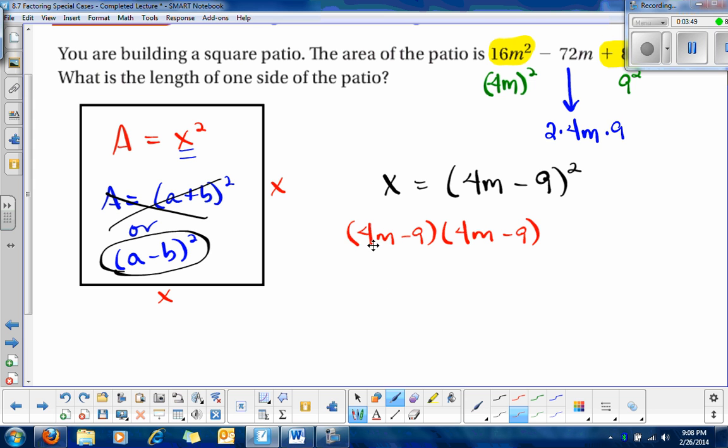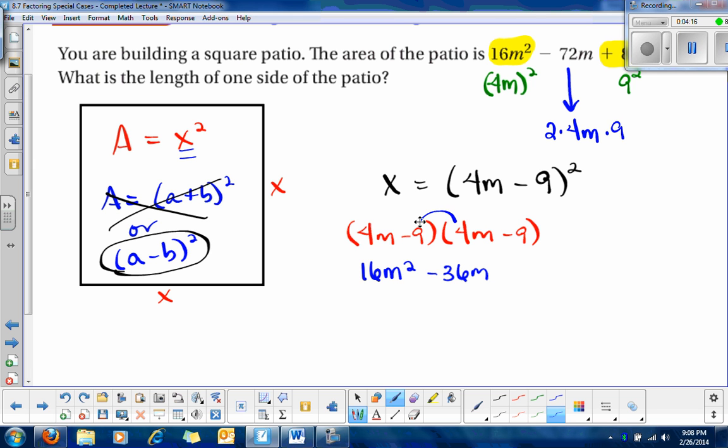So if we FOIL it, our first numbers, 4m times 4m is 16m squared. Then our outer, 4m times negative 9, is negative 36m.